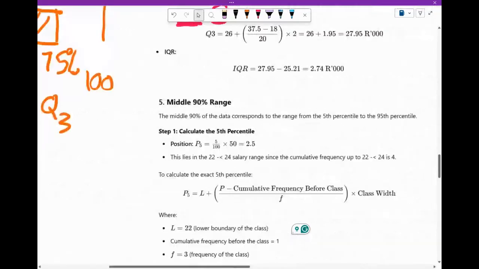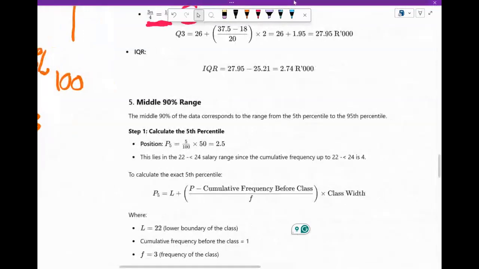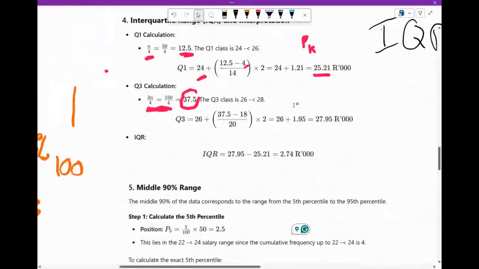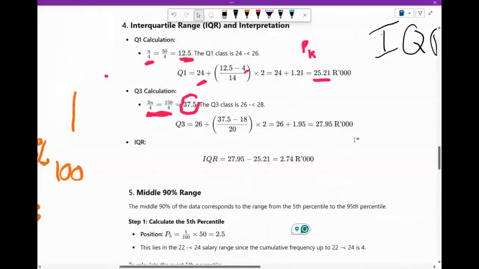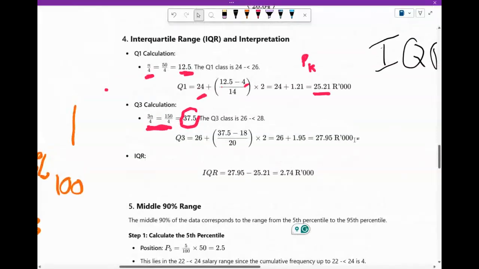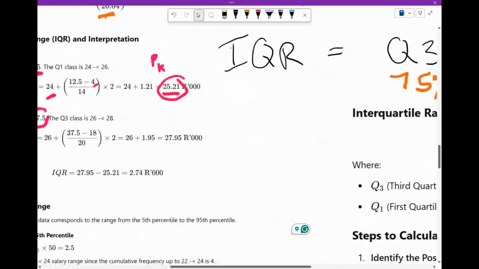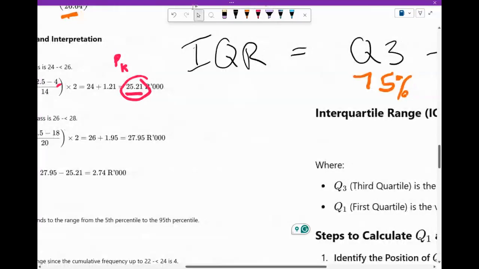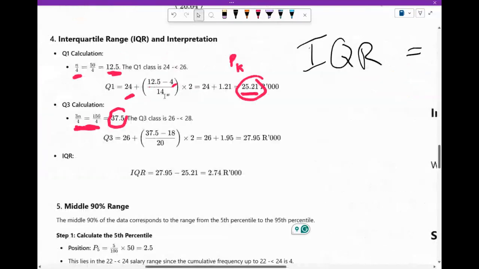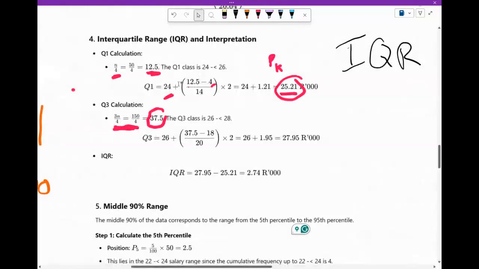I want to go back to this 25.21, you mean here? This one? No, before that. Before the number. Oh, it's the solving of this. The solving of this that's in brackets times 2.